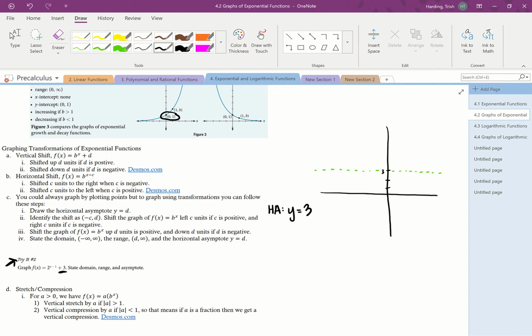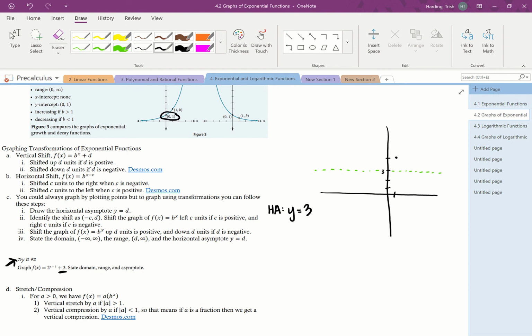So I will add 3 to the y. So it will become 1, 4. So this is 1, this is 3, this is 4. So it's going to become 1, 4. And this is where it will sort of start doing the curve.